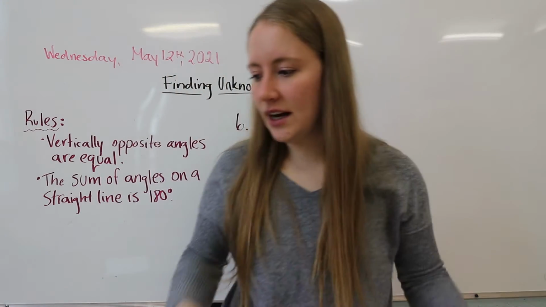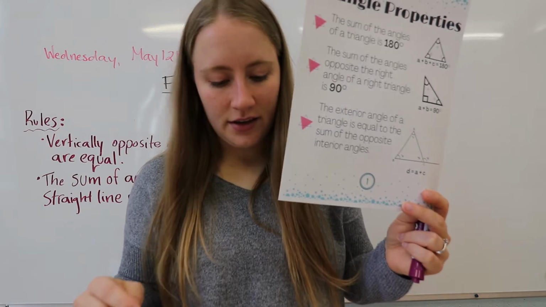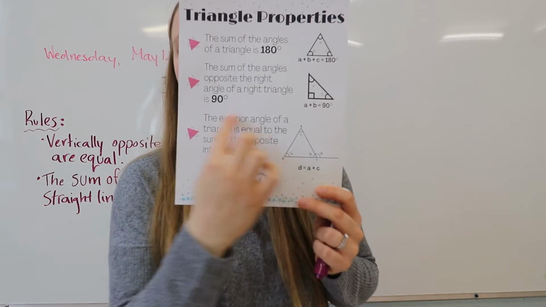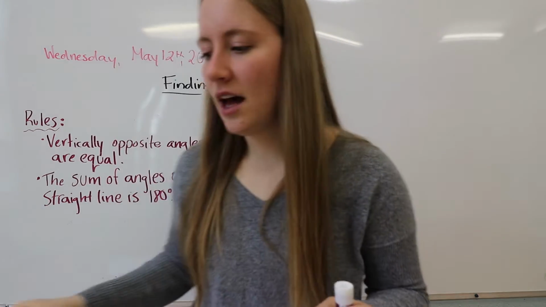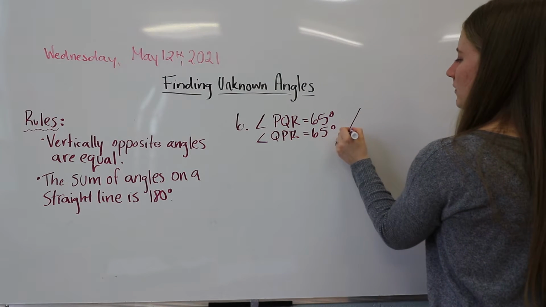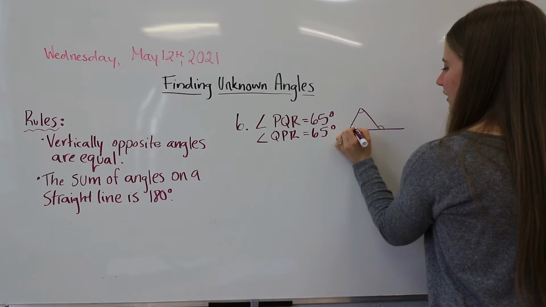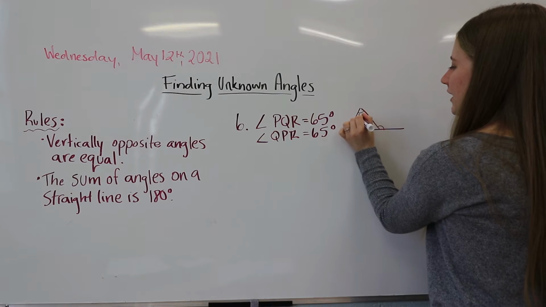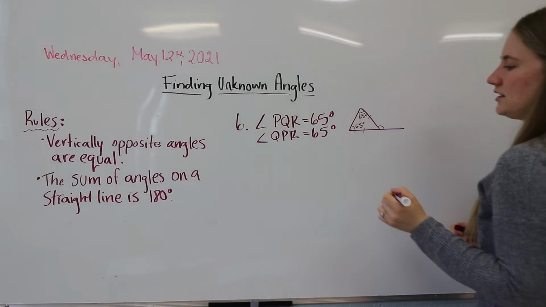Okay, and so now it's time to apply a different rule because we have two angles that are across from an exterior angle, which we have a rule about here. Our exterior angle is equal to the sum of the two angles opposite inside. So if we had our triangle, we've got these two angles, and obviously this is not to scale. We've got these two angles, 65 degrees, because we know that it's an isosceles triangle.